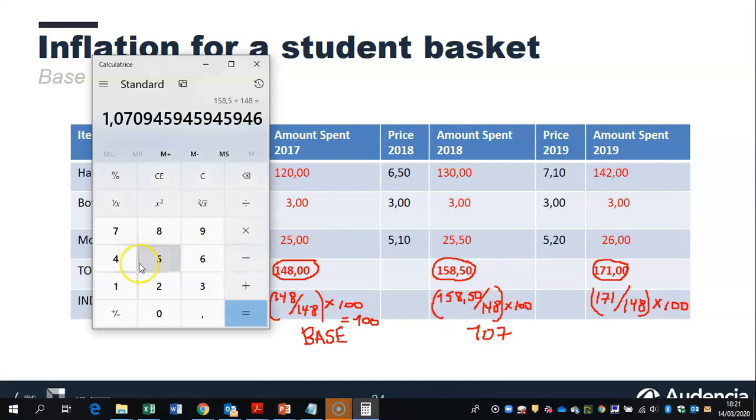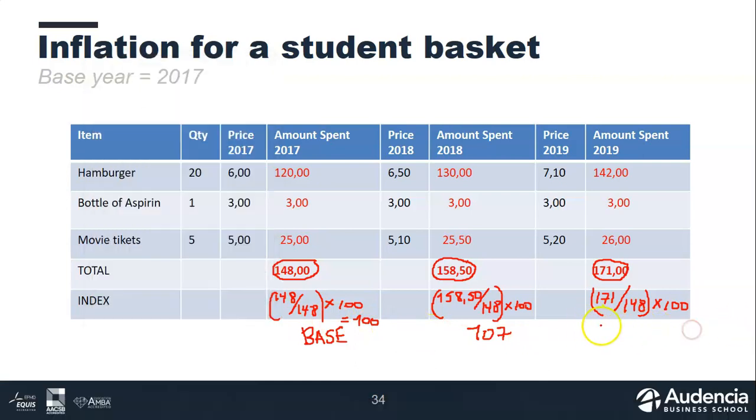And if we take our last one, we have 171 divided by 148. And that gives us 115.1116.